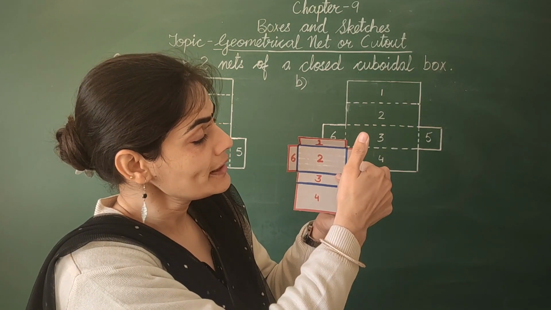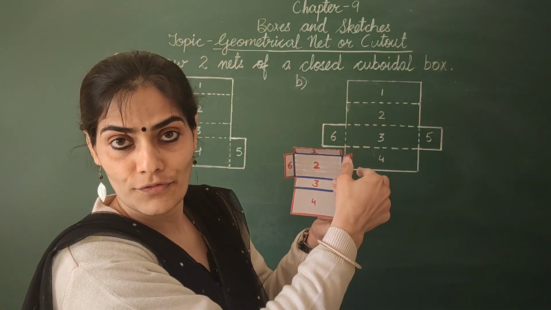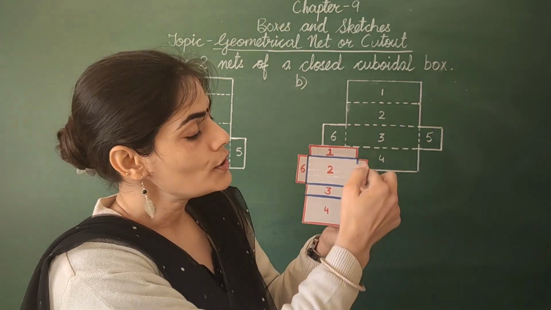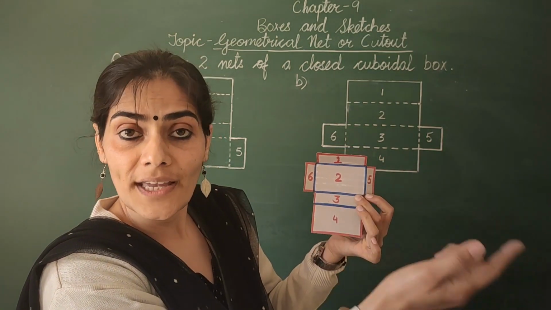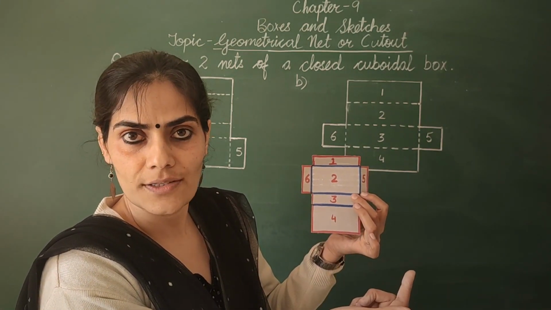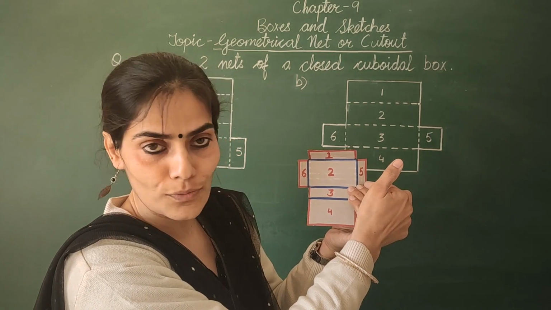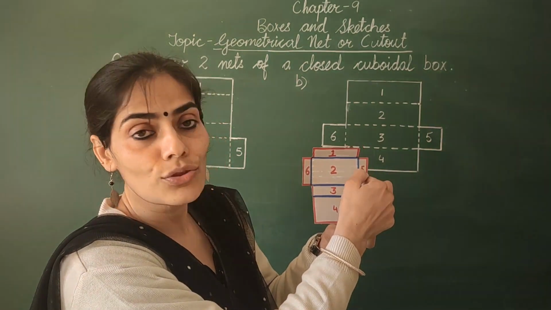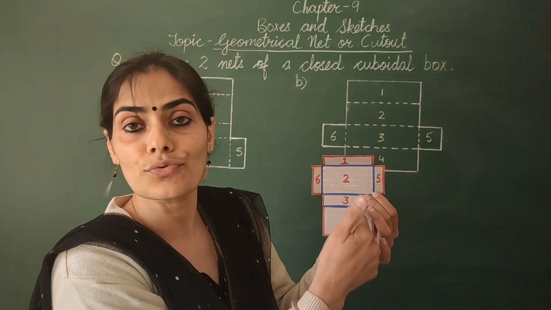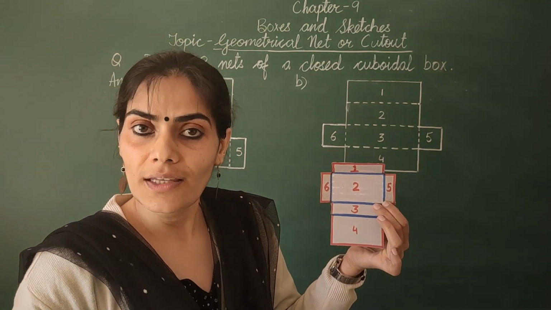And while drawing the breadth of the side face, I made sure that it is equal to the breadth of the face beside which I had drawn the side faces. That means the breadth should be equal to the breadth of face 2 or face 4. Why? Because these two faces are equal.